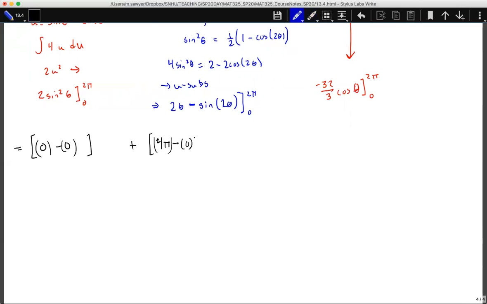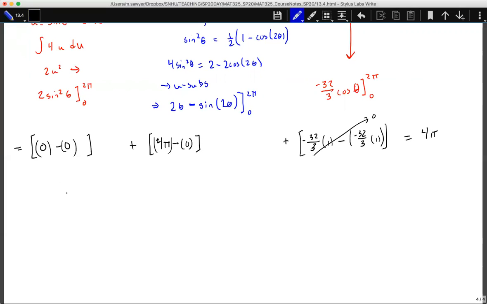So we have 4 pi for the second term. And then minus 32 cosine of 2 pi, and cosine of 2 pi is 1, and then minus 32 cosine of 0, which is 1. So these will cancel out, leaving us with 0. So our total answer for this integral is 4 pi.